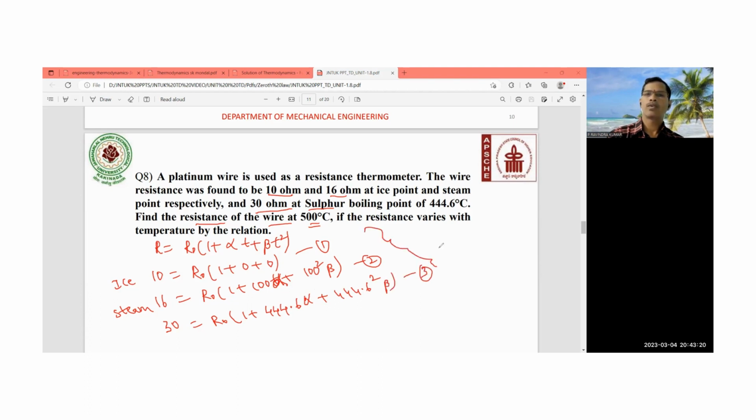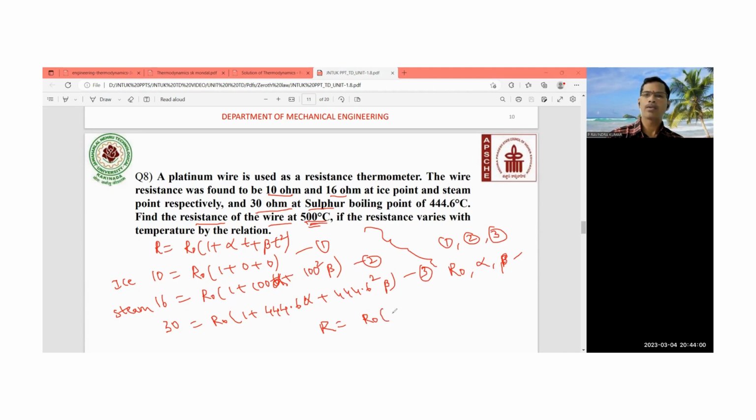So from these three mathematical expressions, try to find out the value of R naught, the value of alpha, and the value of beta. After getting these values, you need to substitute to find the resistance of the wire at 500 degrees centigrade.